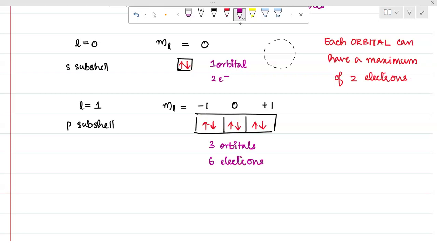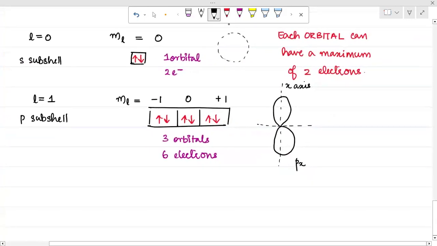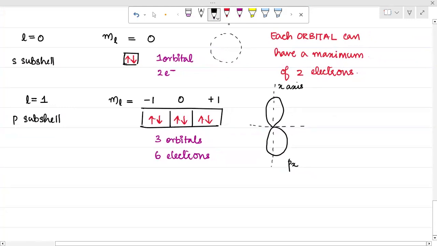Now, in the earlier case, we said that if you have one orbital, it means one orientation. Now you have 3 orbitals, and these 3 orbitals are px, let's say, this is my x-axis. This is px. It is in dumbbell shape, which is oriented along the x-axis.